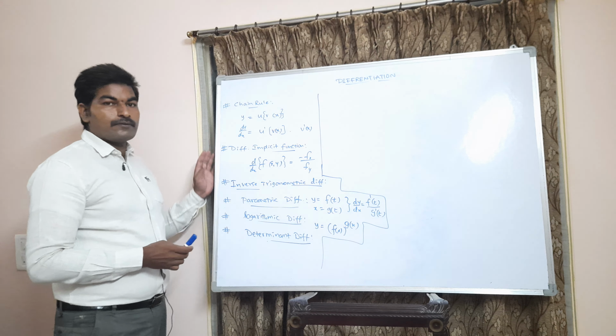The derivative of log of something would be 1 by something, right? Where the something is the input of the log function. So you have to write here 1 by sin x, because it's a log function that occurred here.